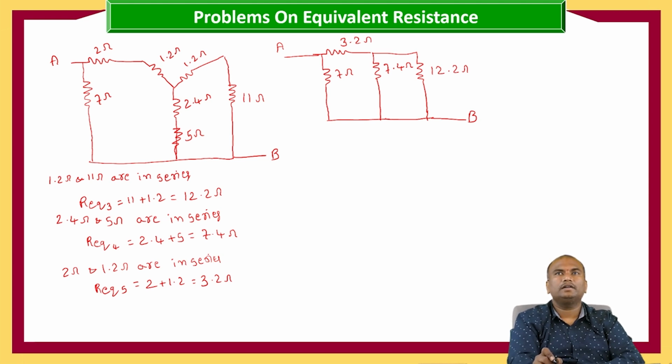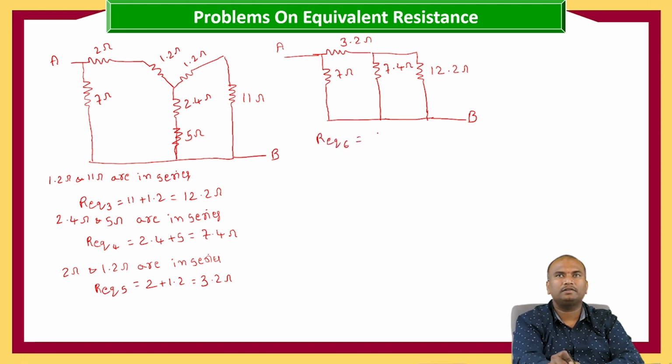So here this 12.2 ohms and 7.4 ohms are connected in parallel. That combination is in series with 3.2 ohms. So R equivalent 6.